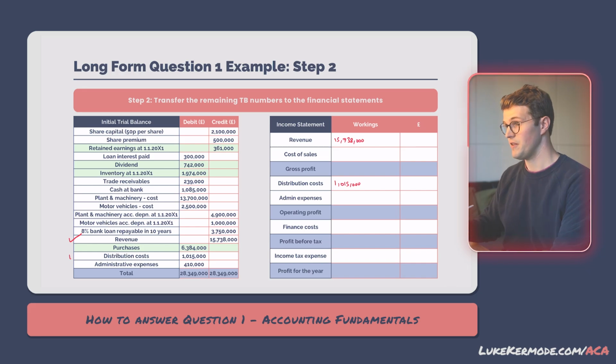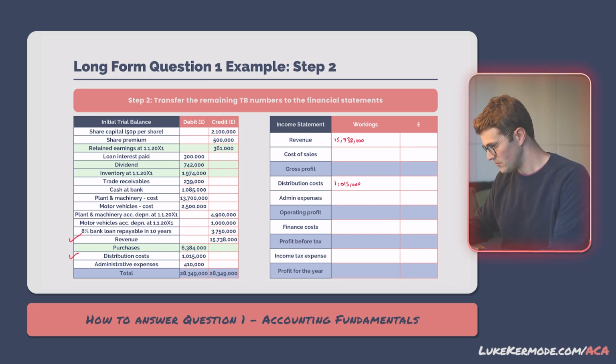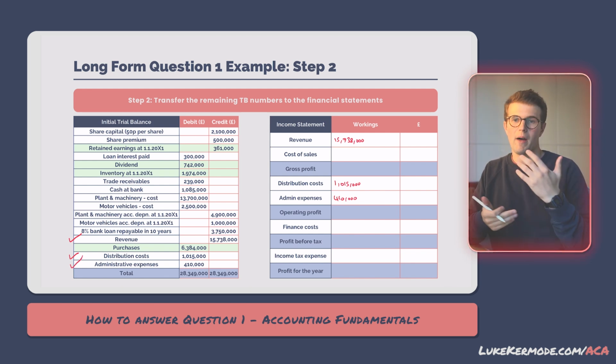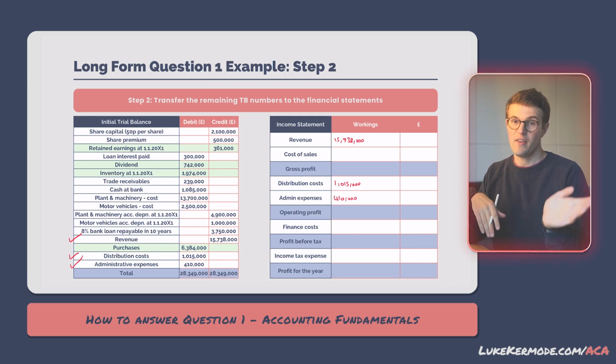And we have administrative expenses of 410,000. Again, we lift these directly across from the trial balance, drop them into their respective line items in the income statement, and then highlight them in the software so you know you've transferred them across.